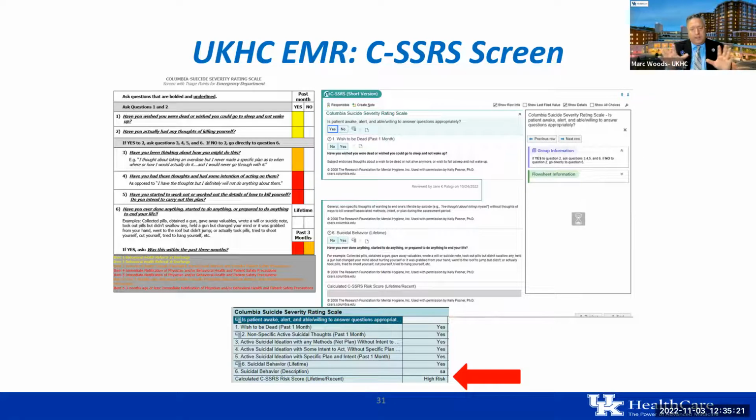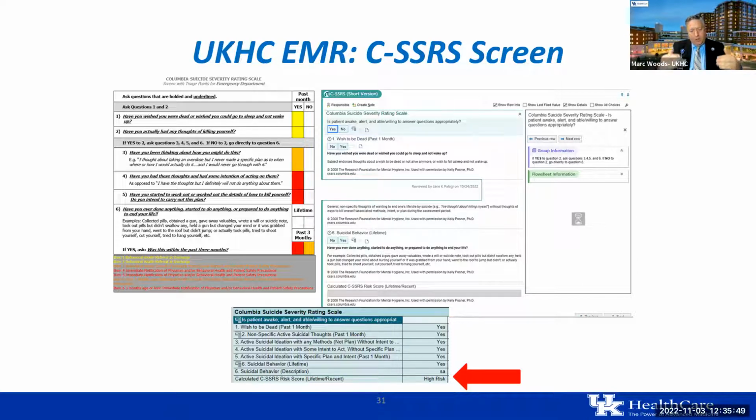You can actually get that on the Lighthouse Project website, and all of their material is free. On the right, you can see how we've integrated that into our electronic medical record. We use Epic. You see those questions, and there are drop boxes. If there's a positive response, it'll drop down another box for them.